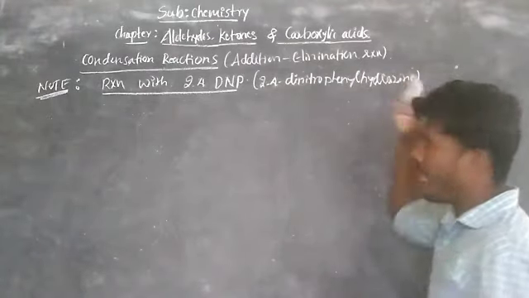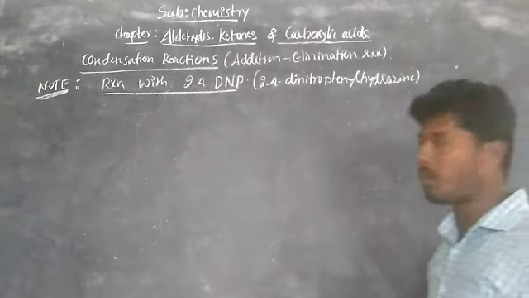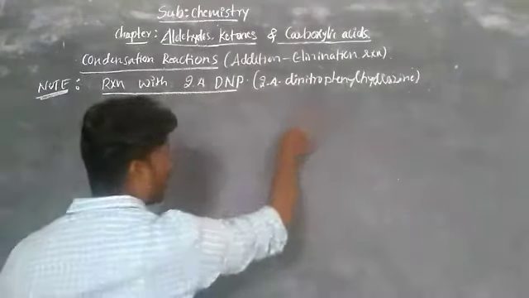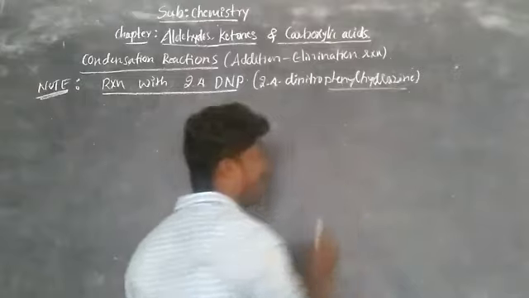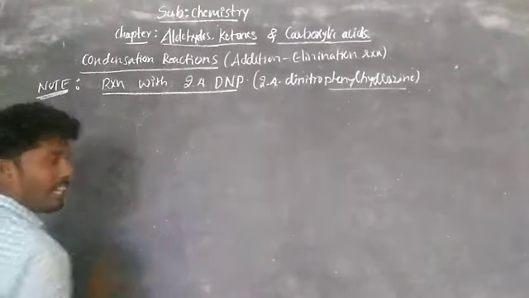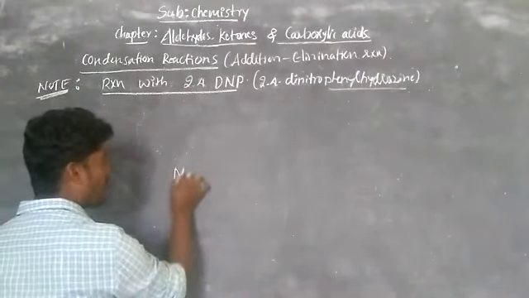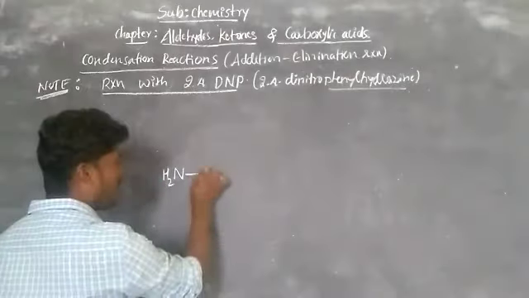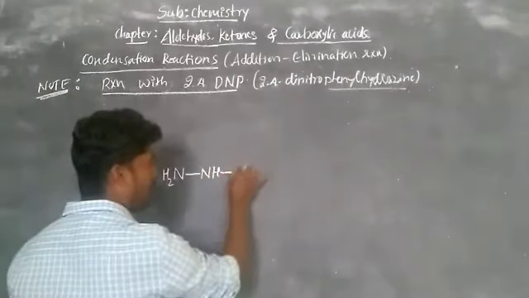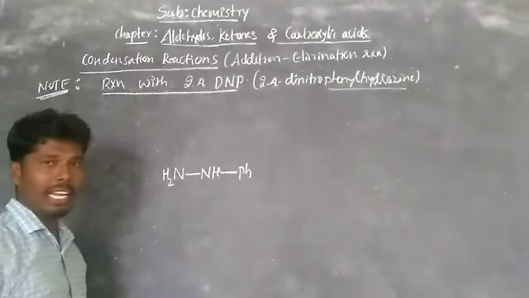So always the hydrazine gives hydrazone compounds only. You already know the phenylhydrazine structure. What is the phenylhydrazine structure? NH2 bond NH bond Ph, right? This is the structure of phenylhydrazine.